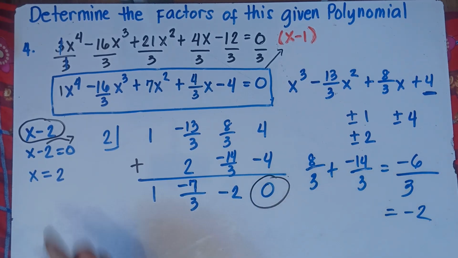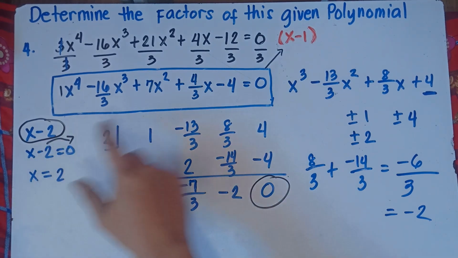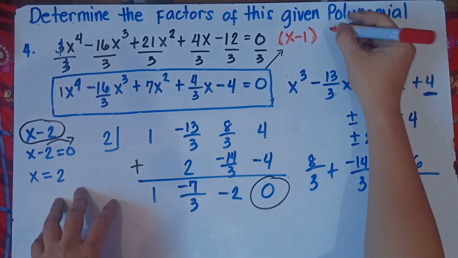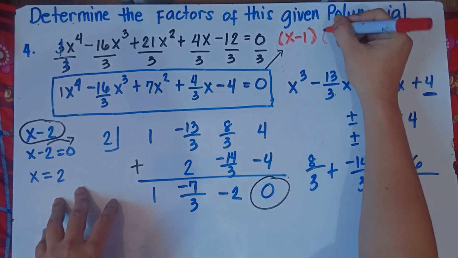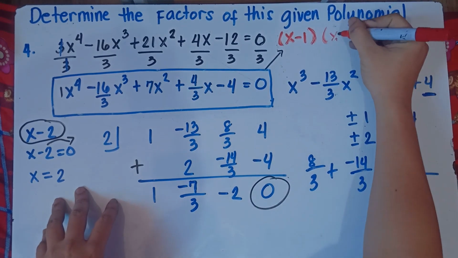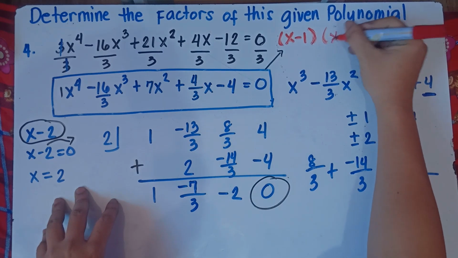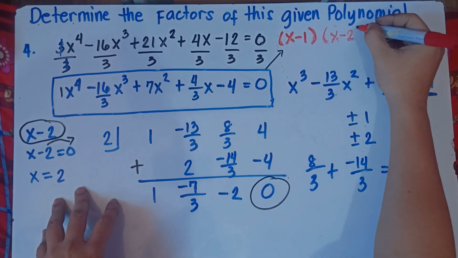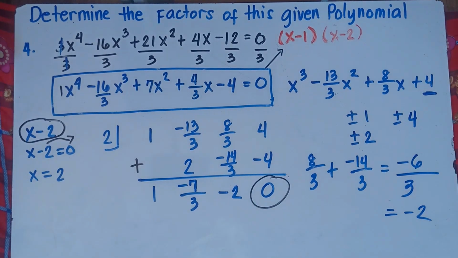So therefore, this x minus 2 is a factor of this given polynomial. Our second factor is x minus 2.